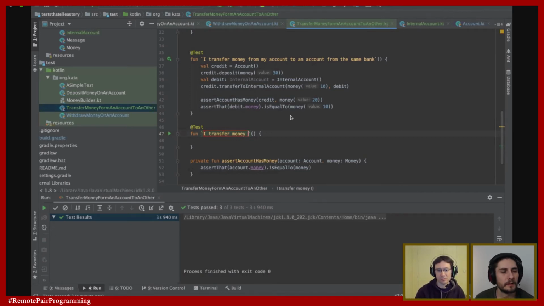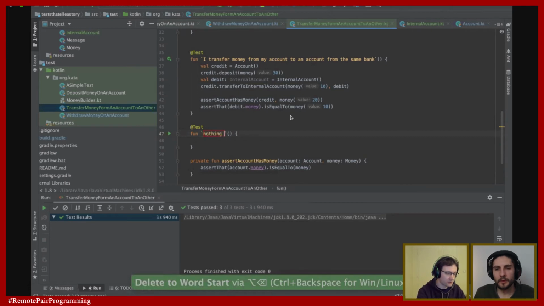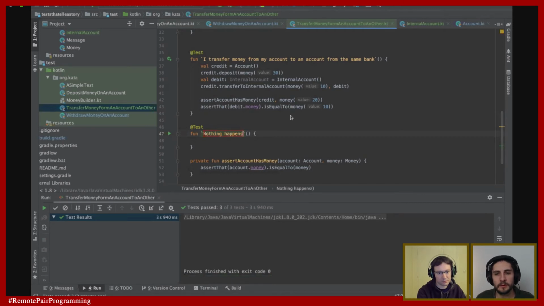Yes. And it should fail. Yes, so that's the first one. But not only should it fail, the second account should not have any new money come in. We can do that, but for the other case, where we have money in the credit account but something goes bad in the debit account, I think we need stubs.